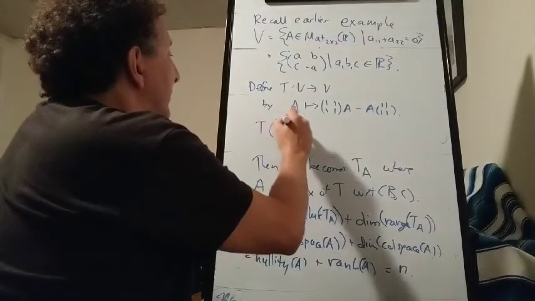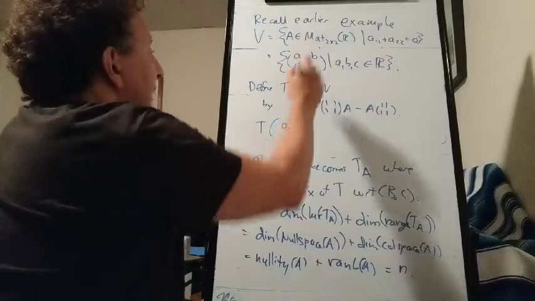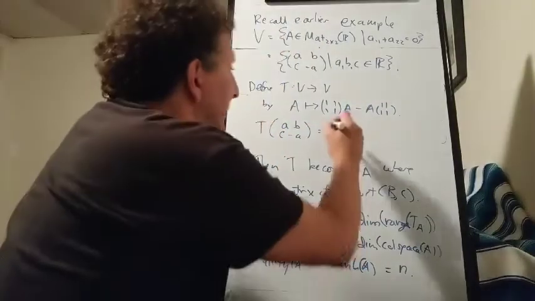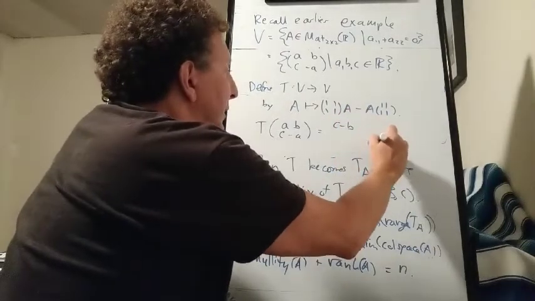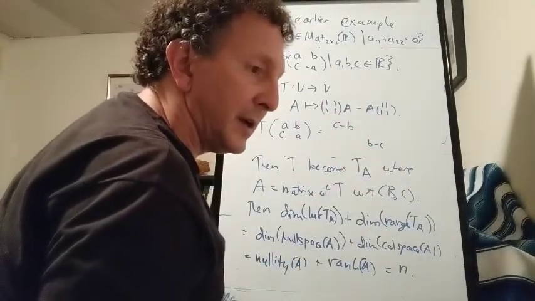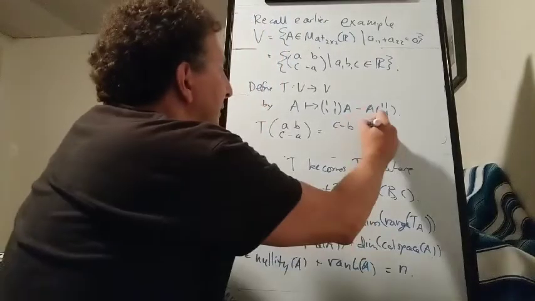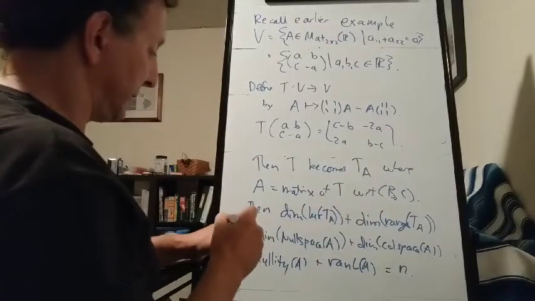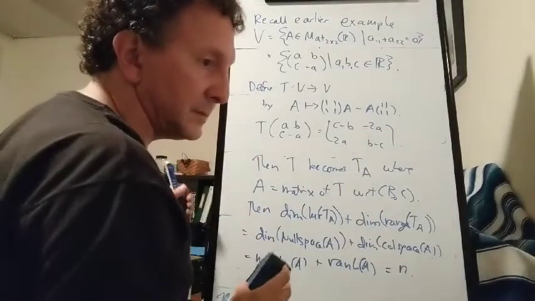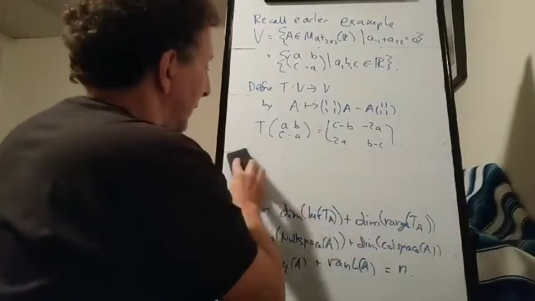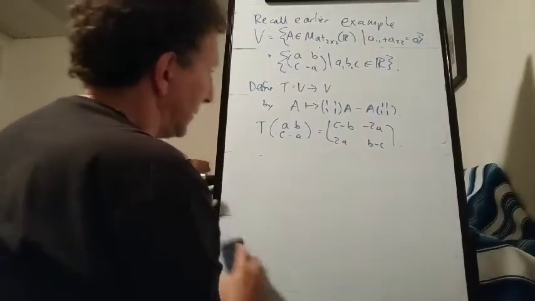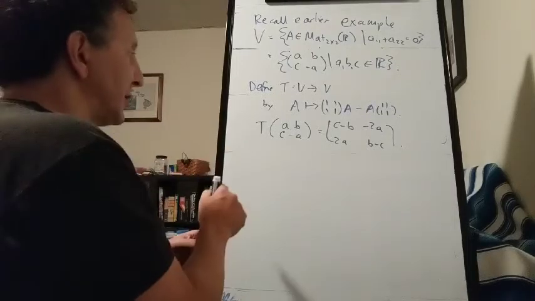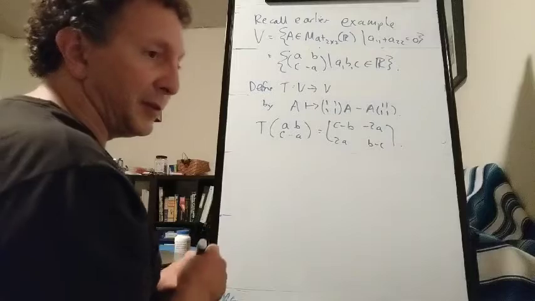In other words, T of this typical matrix [a, b; c, -a] equals [c - b, -2a; 2a, b - c]. So let's find the range of T and the kernel of T and their dimensions.